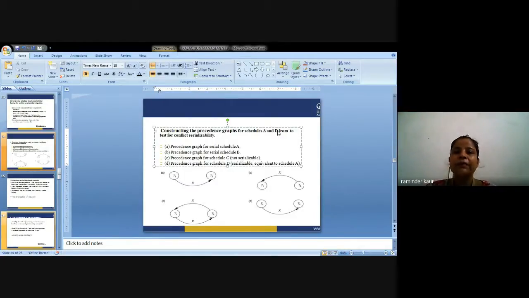Next is the precedence graph for schedule C. That is not serializable because it is forming a cycle, T1 to T2 and T2 to T1. That is a vice versa operation. Next is the precedence graph for schedule D, serializable, equivalent to schedule A, because T1 to T2 there is the operation concerned with object X.